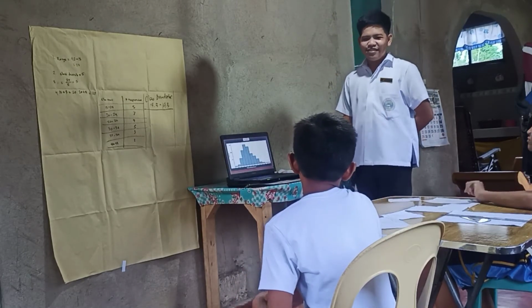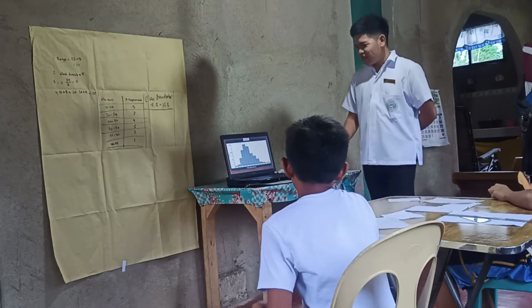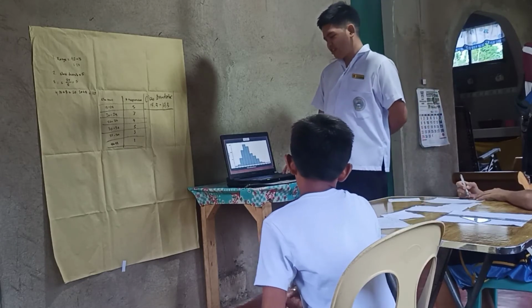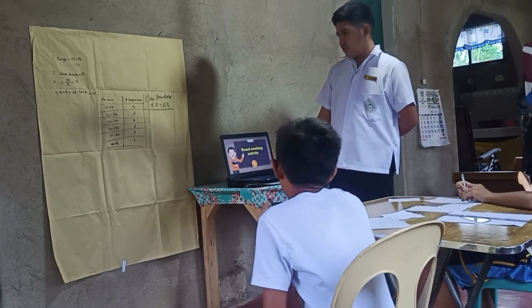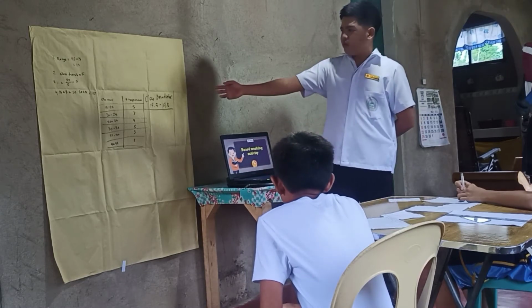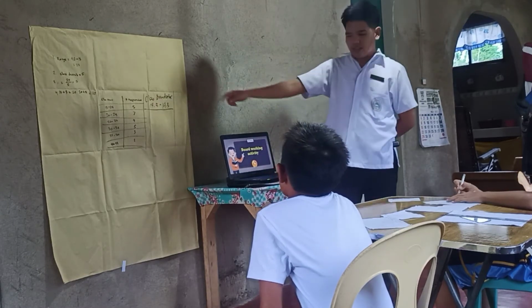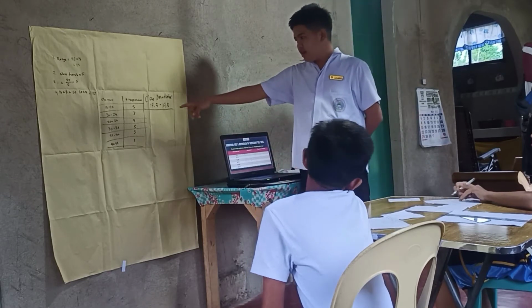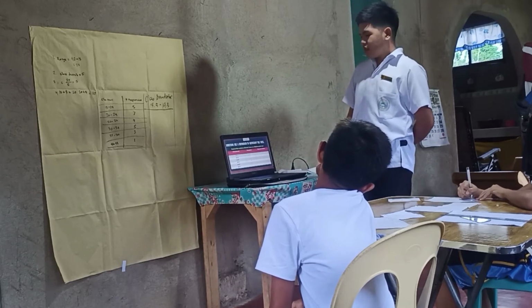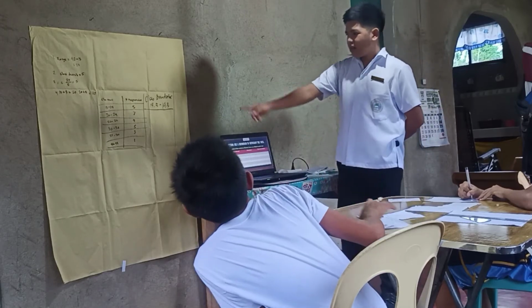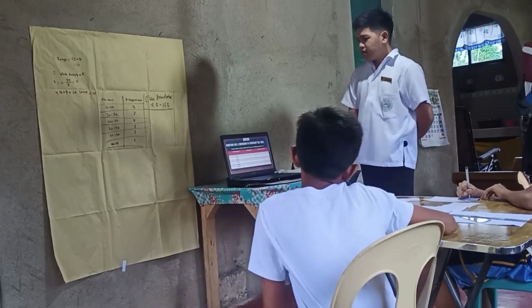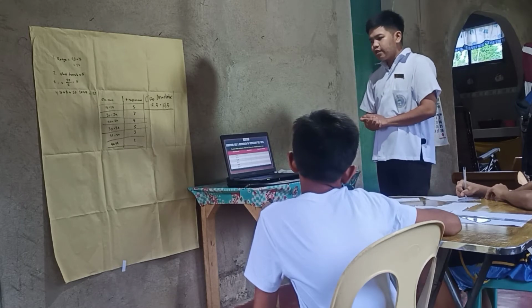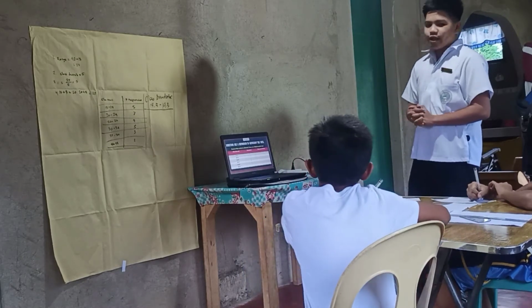So it is clear. Okay, now try to solve this in your seat. Since we have this data, we will use it. The class interval is 15 to 19. So what we are going to do is use a histogram to represent the data.